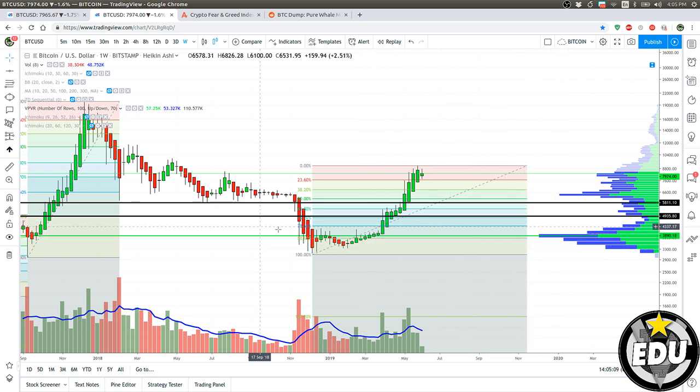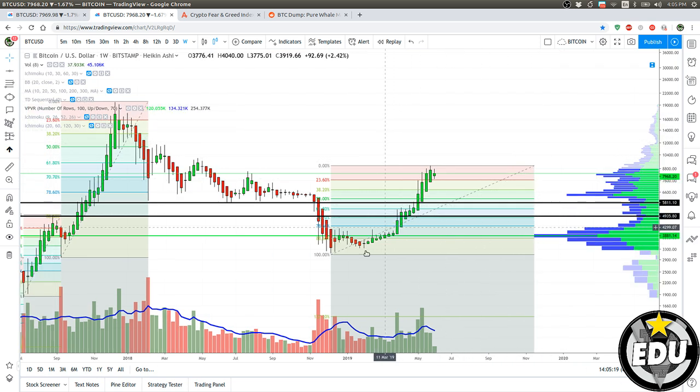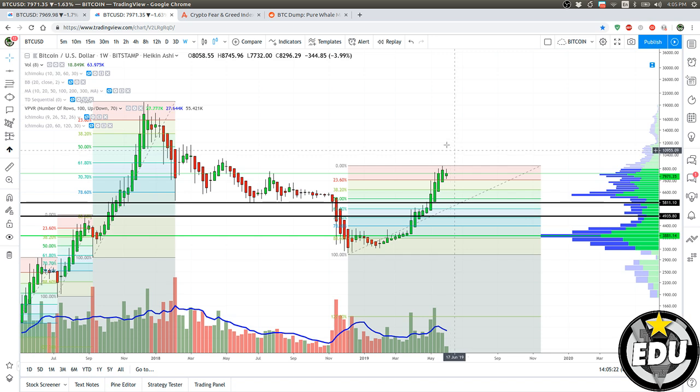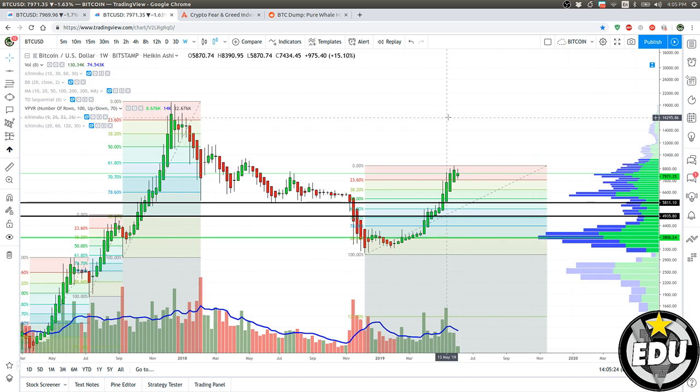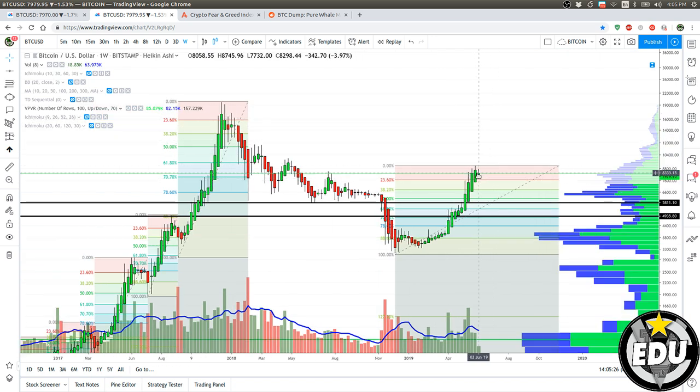Okay, but I'm counting on this one. If we just drop below 6.4, that would be bad. That will mean that all these things were a manipulation, and we're dropping lower. But I don't think that's the case. Let's just keep an eye on a small correction, in my opinion. 7.2, 7.268, I say.